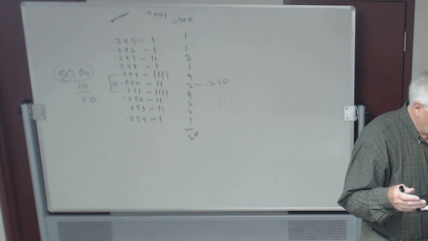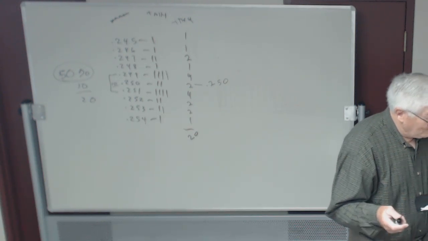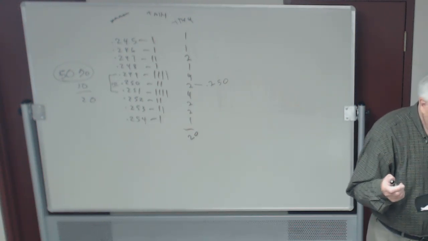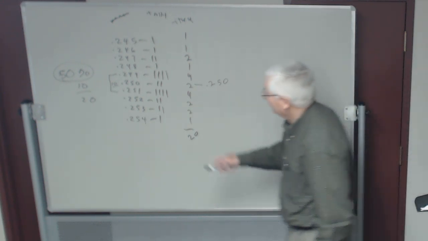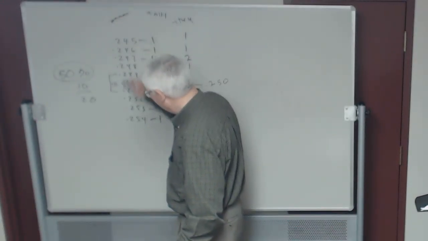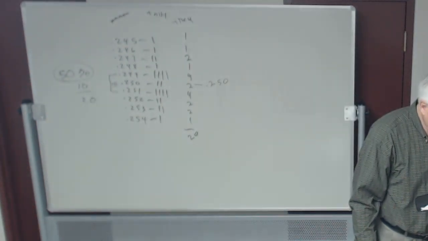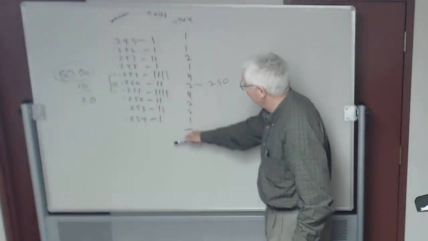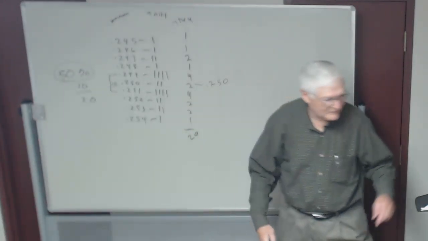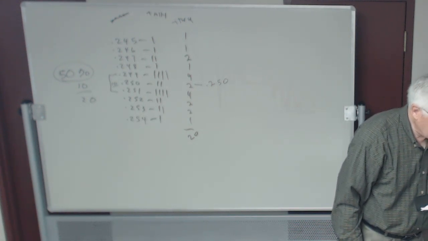Everything from here on out, like problem 28, the following numbers represent salaries. So what do I do? I make a column called salaries and I list them. You follow me? And I list the salaries, and then I make a frequency distribution. So I make tally marks, then I make frequencies. Then what do I do for 28? Make a histogram.